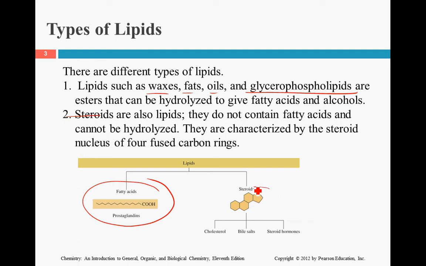Notice the steroids are three hexagons and a pentagon, and that's called the steroid nucleus. You're going to see that particular structure with slight differences amongst them, like a double bond here or a carbon chain there, but you'll always see the basic structure of three hexagons and a pentagon.